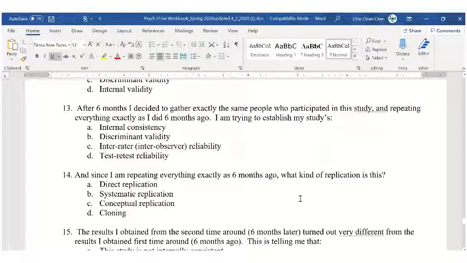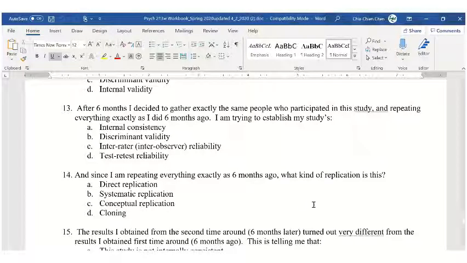Number 13. After 6 months, I decided to gather exactly the same people who participated in this study and repeat everything exactly as I did 6 months ago. I am trying to establish my study's test-retest reliability.